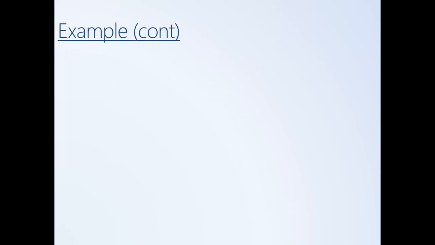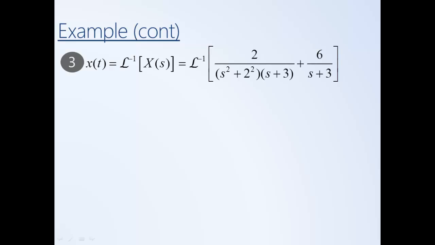The third step is then to take the inverse Laplace transform in order to find the time-based function x of t. Looking at this expression, we can split it over the addition based on the properties of the Laplace transform. The second term is quite simple to address.